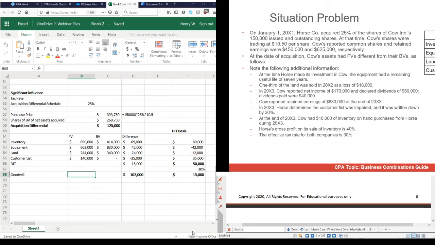Sometimes this online Excel does some funky stuff. Okay, so that was preparing the acquisition differential.